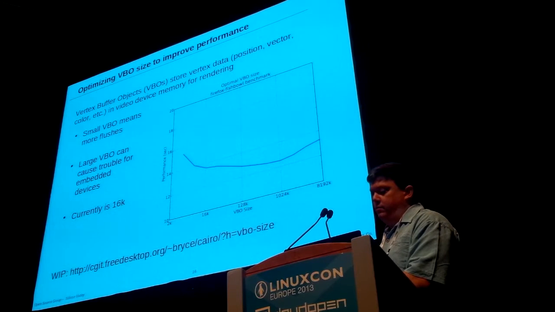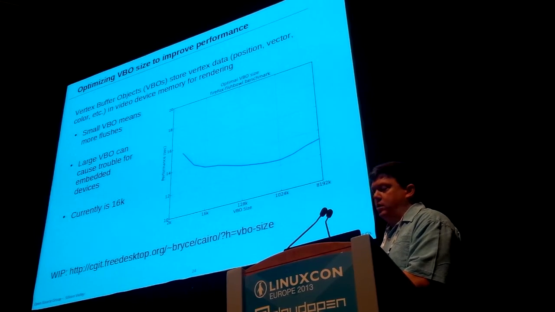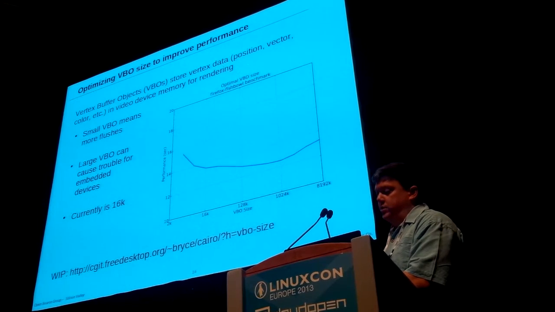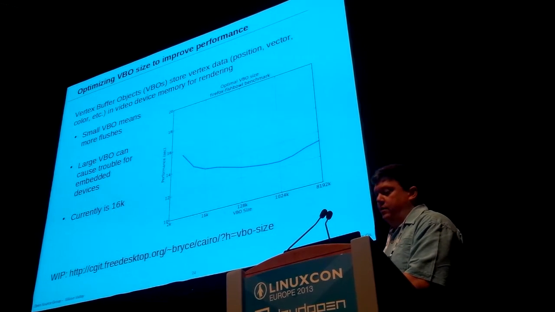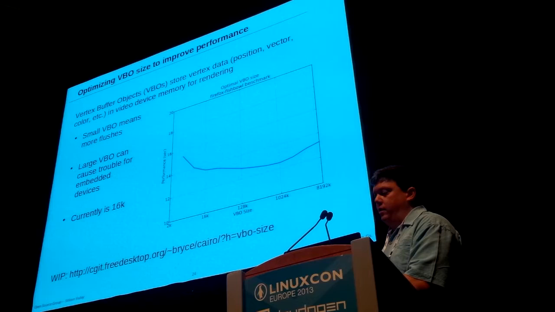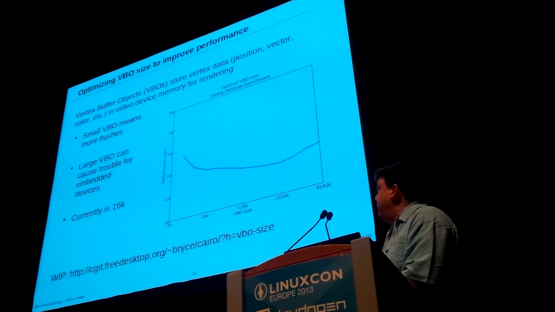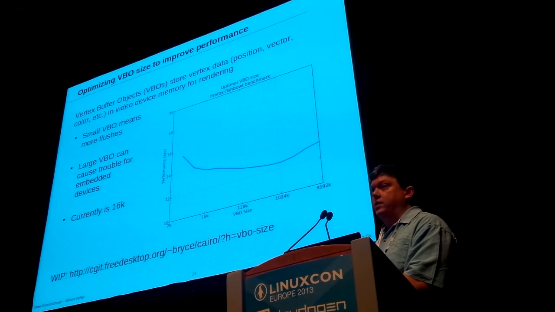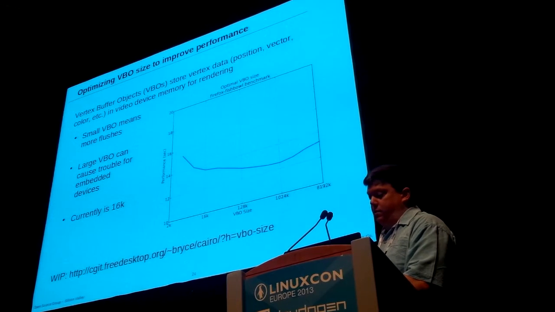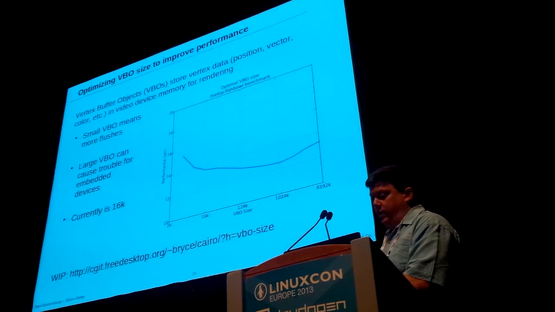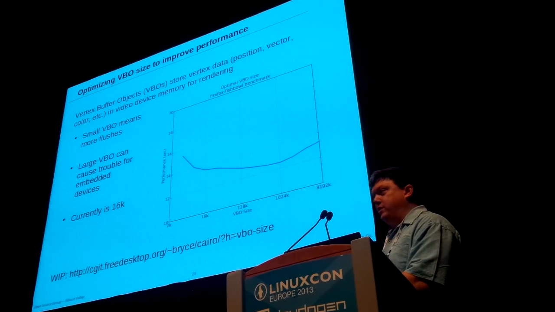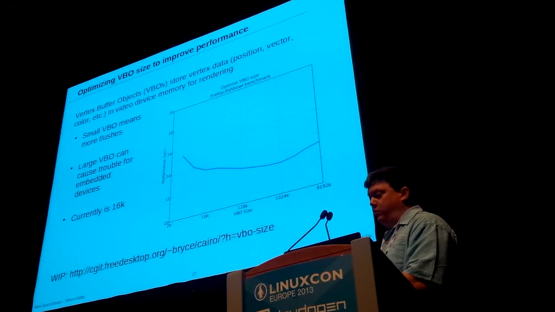Also, I've heard that larger VBO sizes cause problems on embedded platforms. And so because of that, it was set smaller than it had originally been developed to. So the default is 16K, which is a little bit on the small side for the desktop. Now, the next thing I wondered is, if we increase the VBO size, does that make actual performance improvements for anything else?